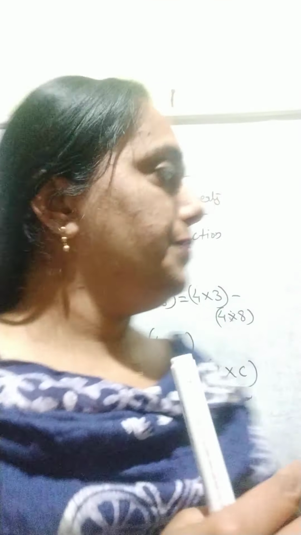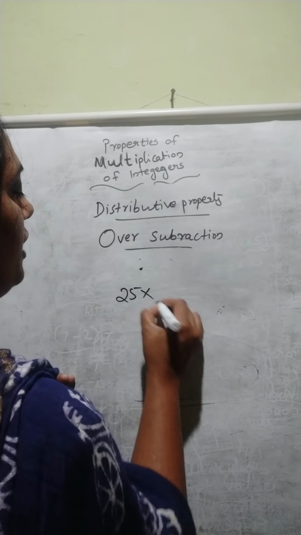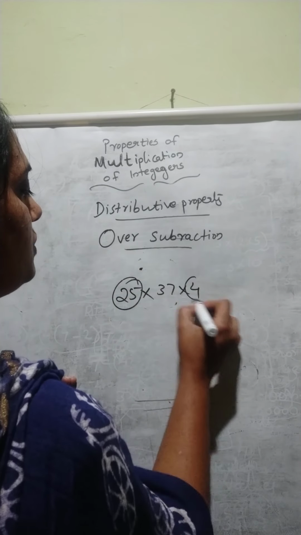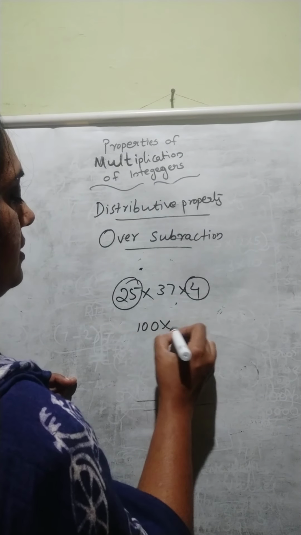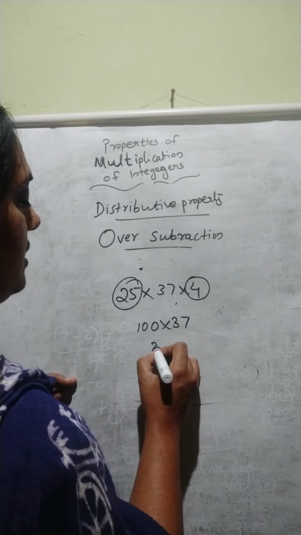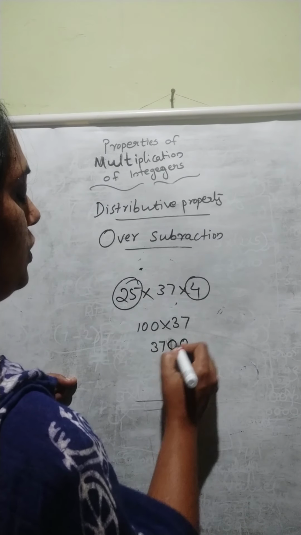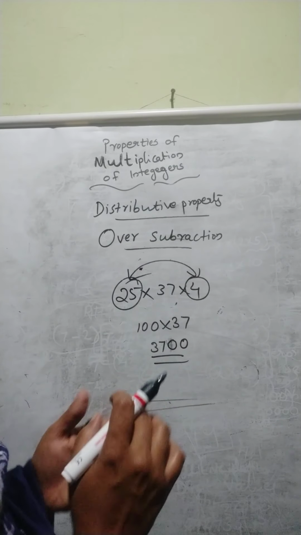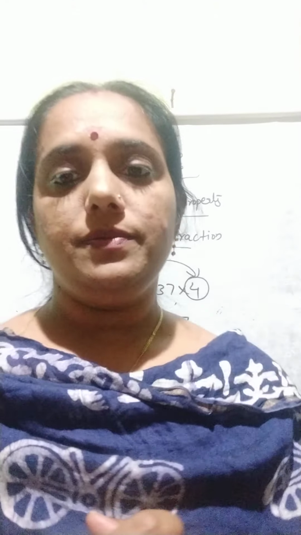That is 25 multiplied by 37 multiplied by 4. Here 25 times 4 is equal to 100. Then 37 multiplied by 100 is equal to 37 and 2 more zeros. So by using this associative property, we can make our multiplication in a very easy way.